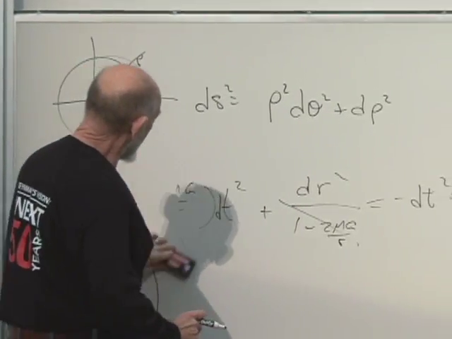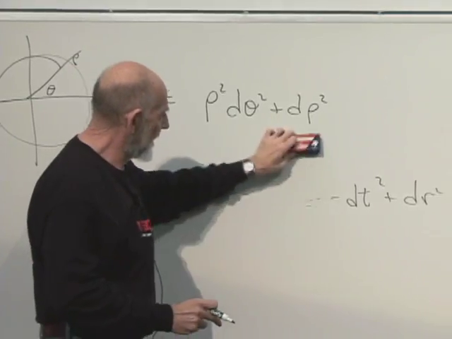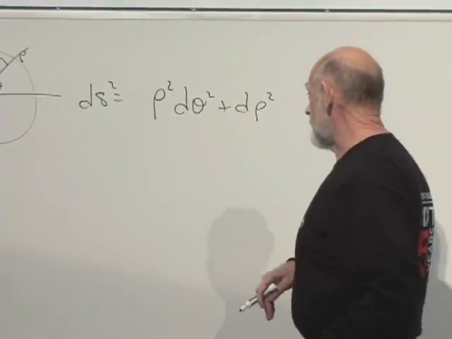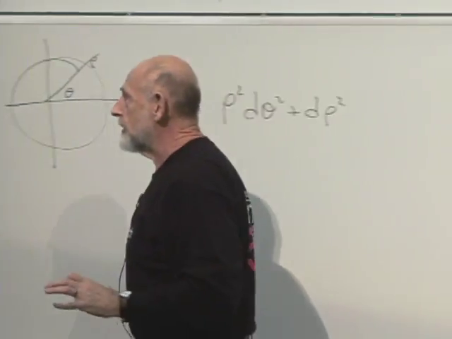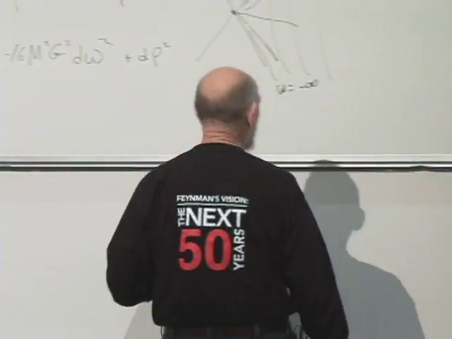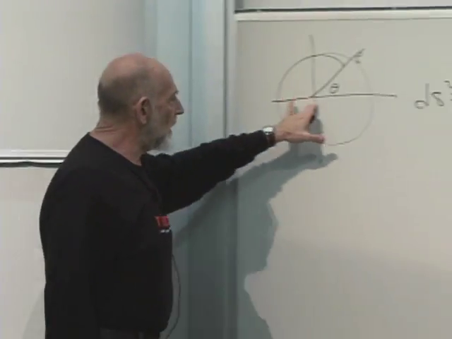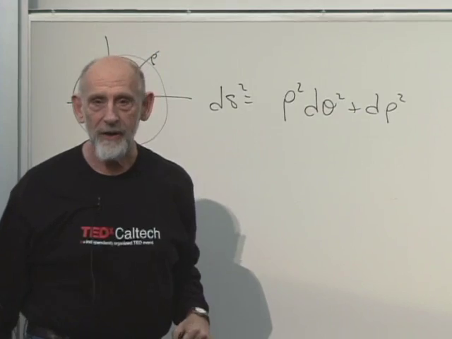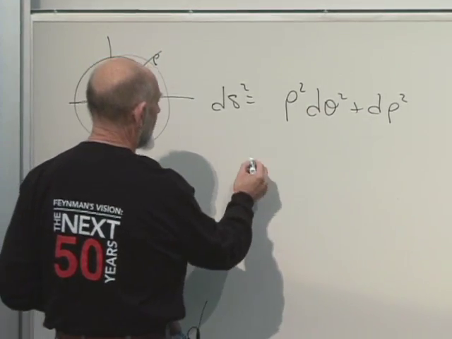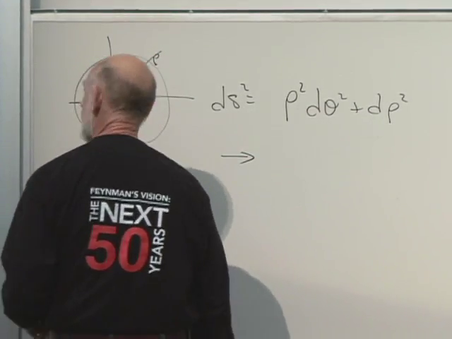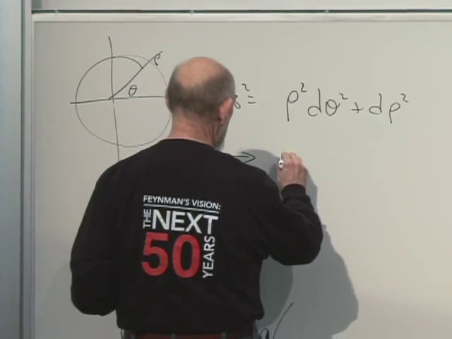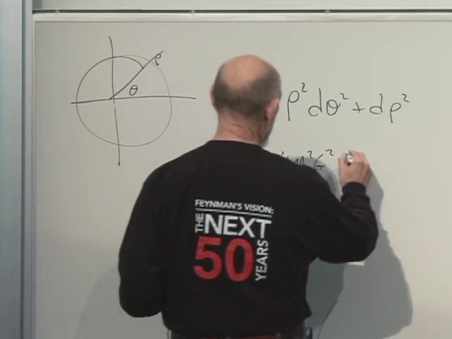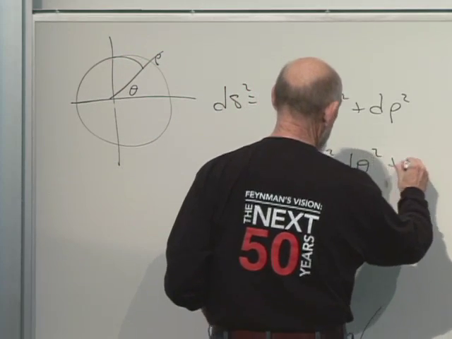It's much easier to understand space than it is space-time. So let's come back to this picture, and now imagine a geometry which has the following property. Near the origin, it looks like rho squared d theta squared plus d rho squared. But far from the origin, it looks like instead of rho squared, let's just say 16 m squared g squared d theta squared plus d rho squared.